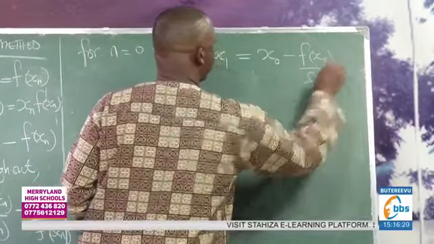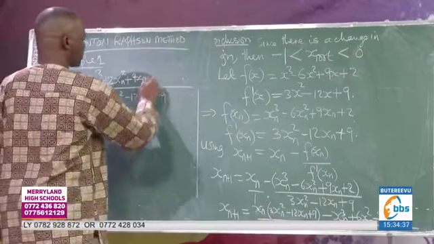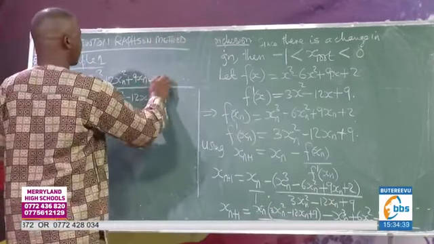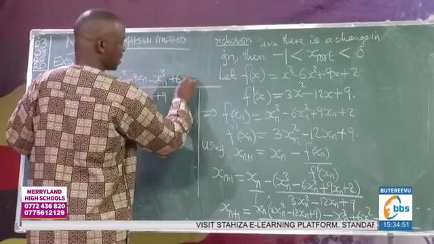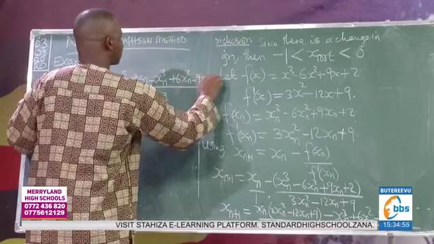I've finished opening this bracket, so I'm going to take away what is there the way it is, minus xn cubed plus, because we already subjected this there, plus 6xn squared minus 9xn and minus 2.